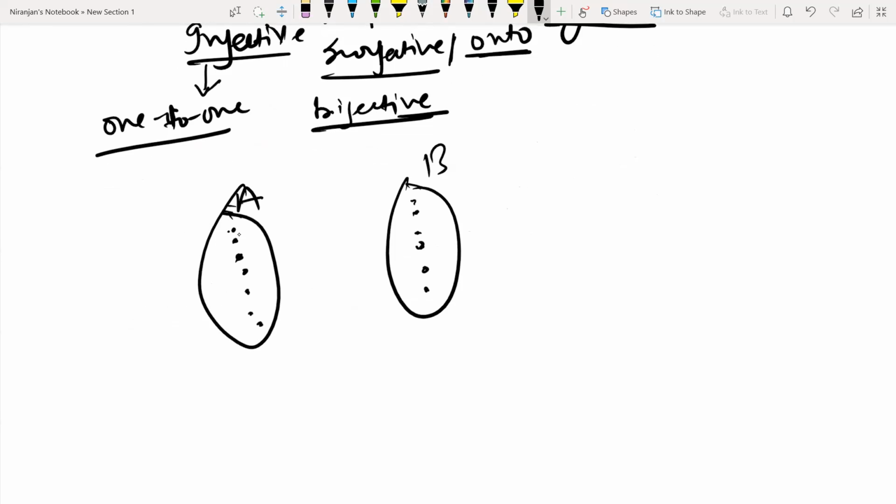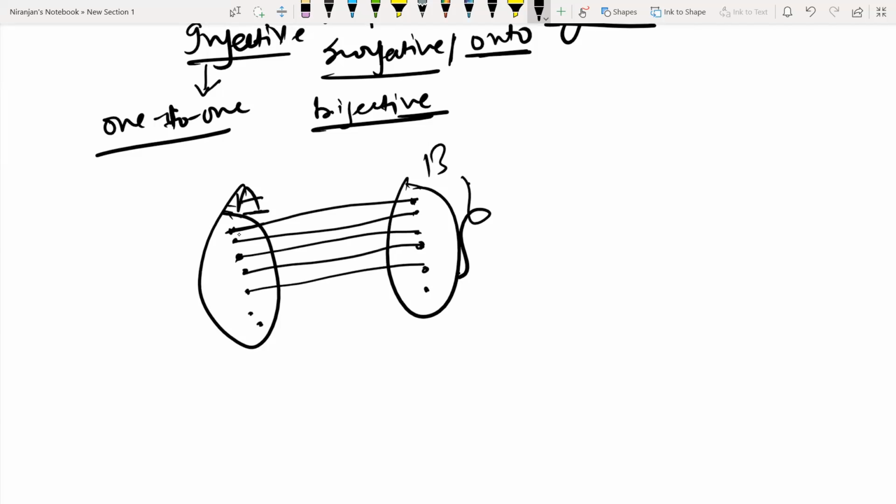I need to say that when you map each element of this set to only a unique element of B, I do not have to worry about that each element of B should be mapped. I just need to worry about that each element of A should be mapped to only one element of B. Then it is called one-to-one function, or you say injective function.